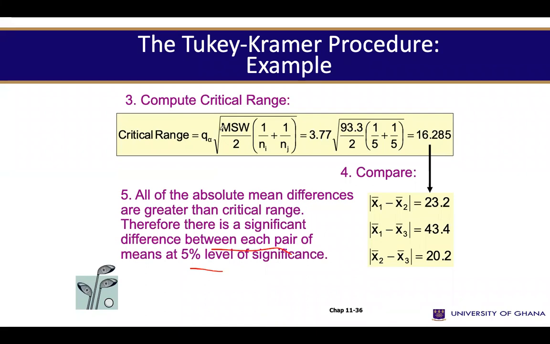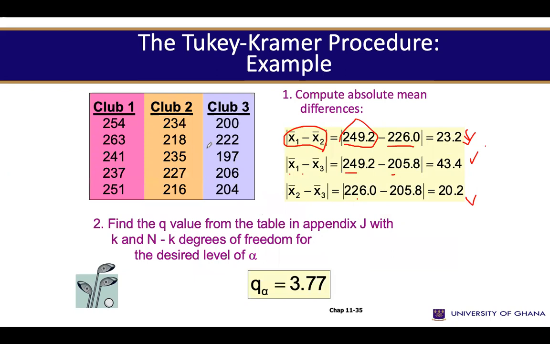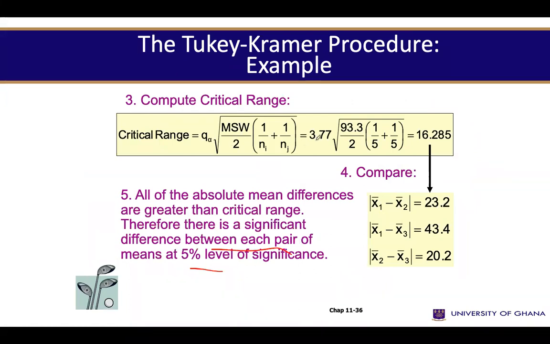So what we are going to do, we already know our Q alpha from the Q tables. This would have been the value of the Q alpha, which is 3.77, and we put it in the square root sign. We have the MSW, which we calculated in our earlier solution when we were doing the actual analysis of variance. We had 93.3.